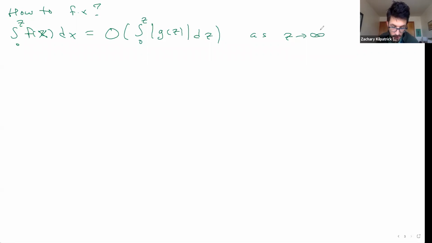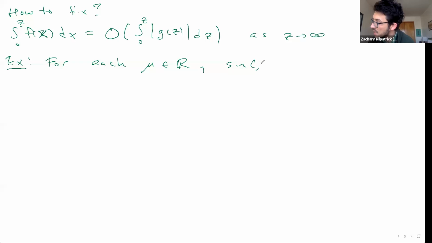That's integration. Now let me point out why differentiation can be a problem. For each mu in the reals, I can write down the sine function with mu as a coefficient, and this will for sure be big O of 1.